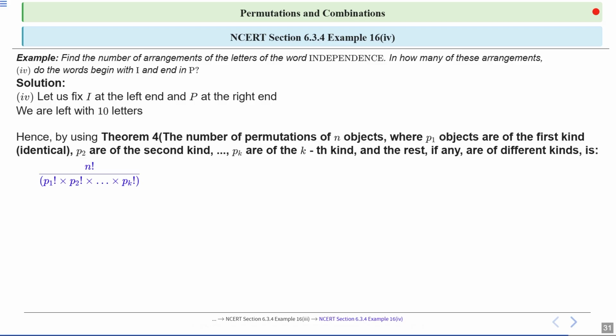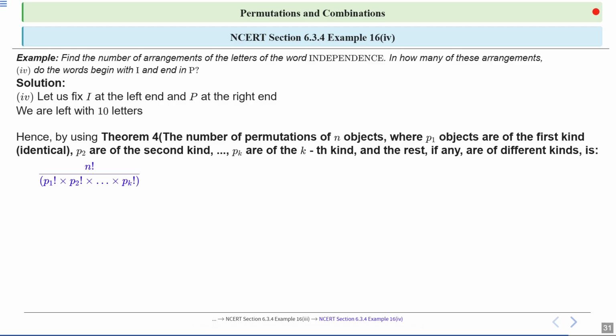So now using theorem 4. Theorem 4 states that the number of permutations of n objects where P1 objects are of the first kind, P2 are of the second kind, and so on, Pk are of the kth kind, and the rest, if any, are of different kinds, is n factorial upon P1 factorial into P2 factorial into dot dot dot Pk factorial.